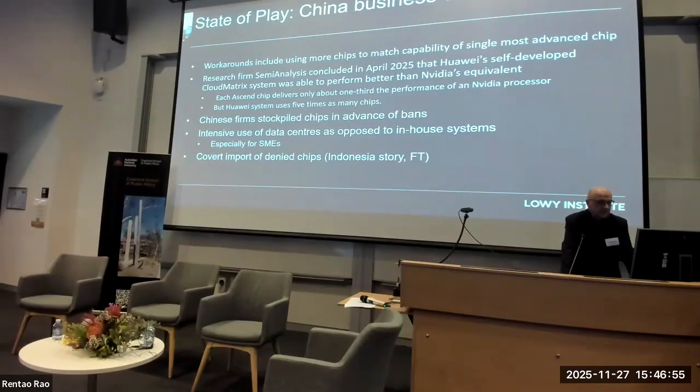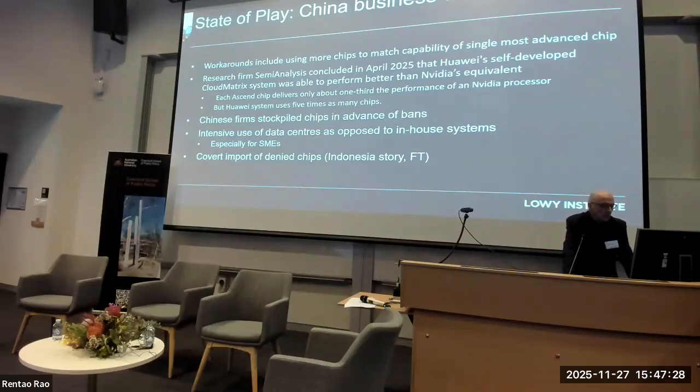Well, let's think about what's happened over the last 3 years. The US embarked on a very, very big experiment designed to prevent China moving ahead in AI or other processes involving advanced chips. China has been able to work around, in the first instance, some of these denials.